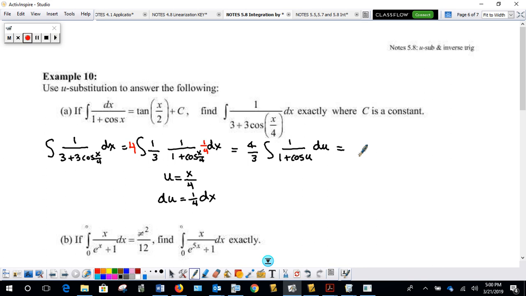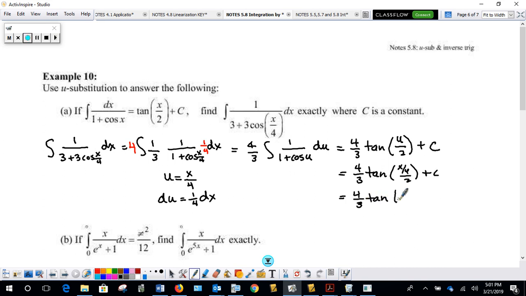So this is going to be 4/3 tangent u over 2 plus c, and then we put our u back in, 4/3 tangent of x over 4 divided by 2 plus c, which is going to simplify to 4/3 tangent x over 8 plus c.